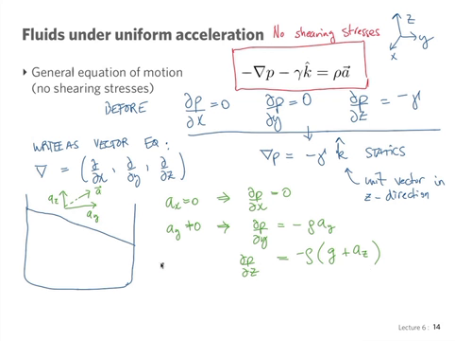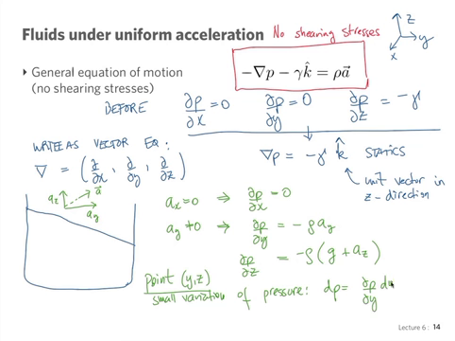So you can see that if we look at a small variation of pressure around a point, consider a point (y, z) in this cross section, it's going to be dP equal to, using my Taylor rule for a function of two variables, dP/dy times dy plus dP/dz times dz.